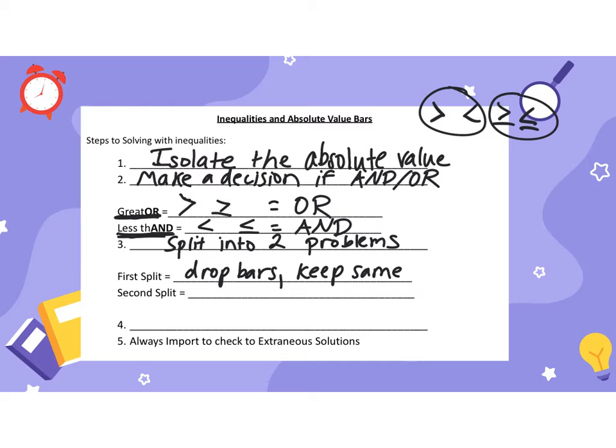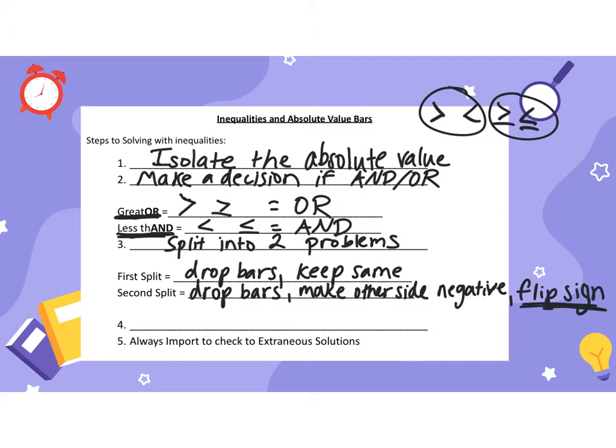Second split, okay, so same as the equal sign, you drop the bars and make the right side negative, so make other side negative. You also have to do one more thing though. You also have to flip the sign. And that's important, okay? So just on that second one, you're flipping the sign, making the other side negative.